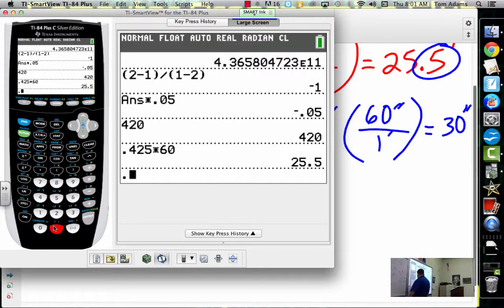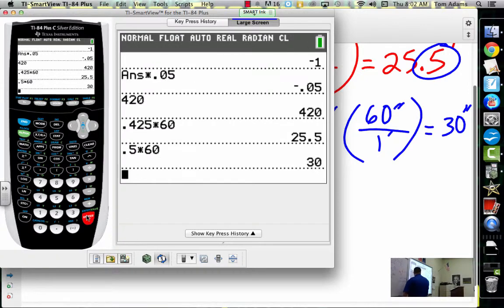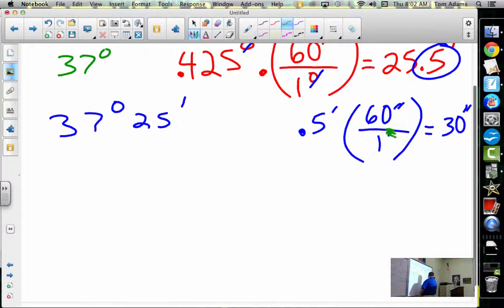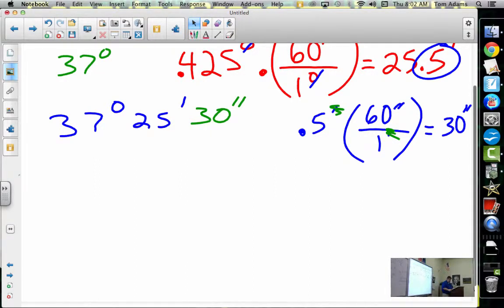Well, I'll show you. 0.5 times 60 is 30. So that's equal to 30 seconds because the minutes cancel. So then lastly, I put 30 seconds. And that's it for the first one. That's how you convert from degrees to DMS.